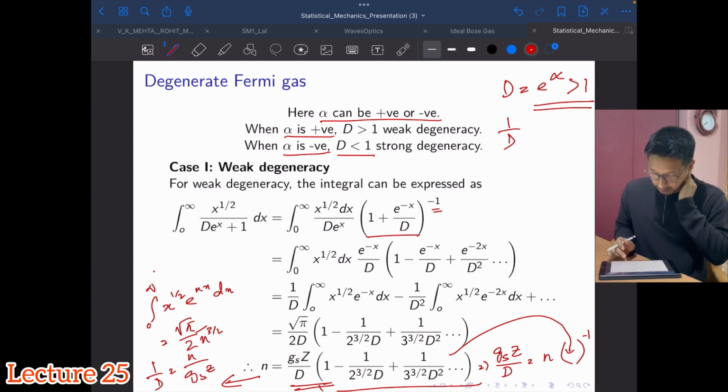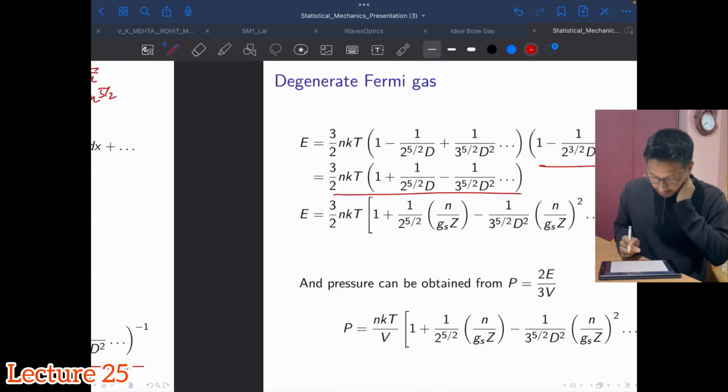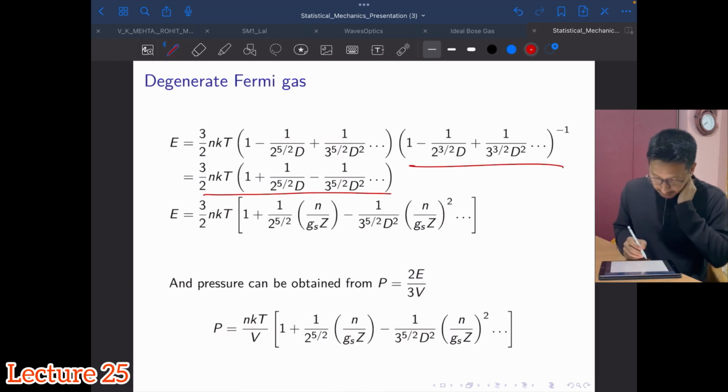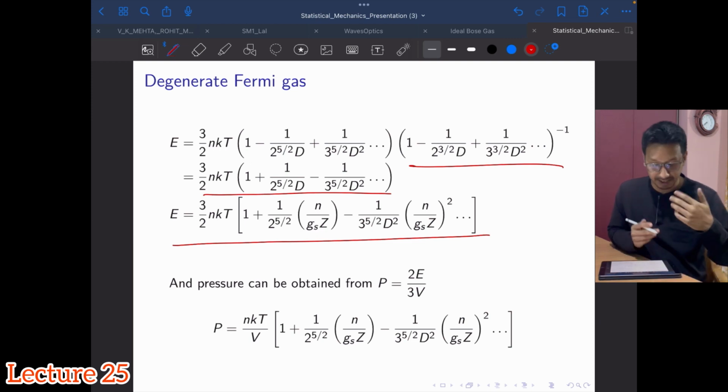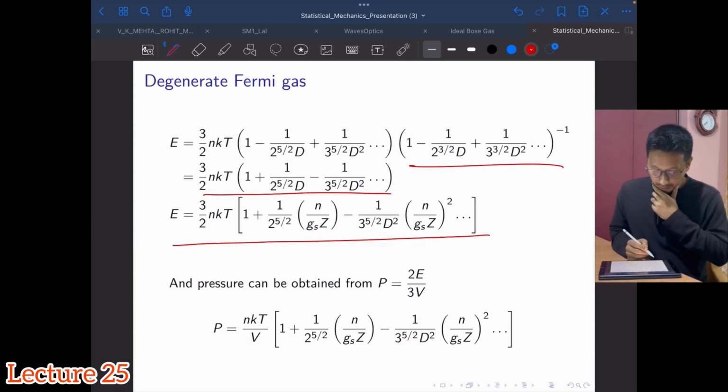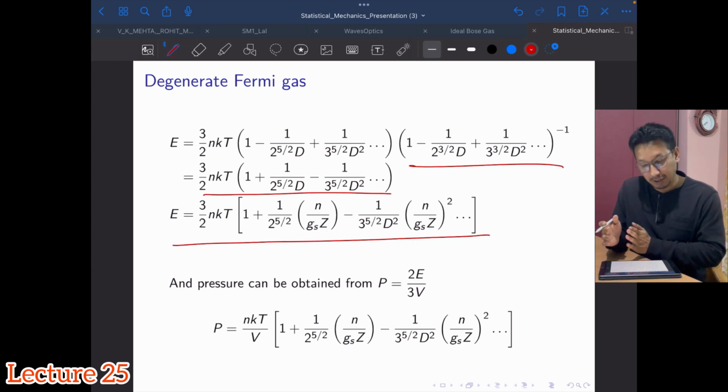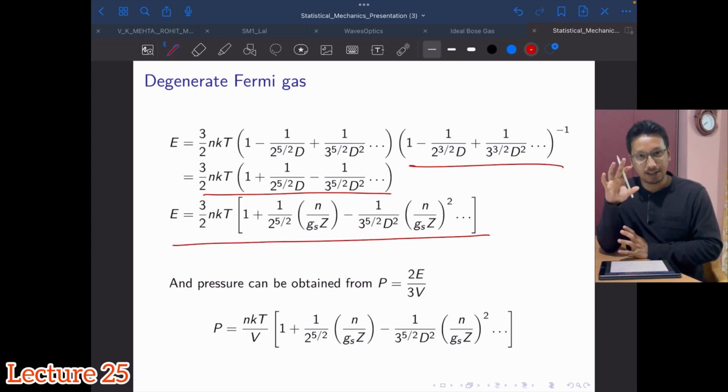If I substitute for that, I will get this expression. This is your expression for the total energy of a system of fermions, where 1 by D is the degeneracy factor.